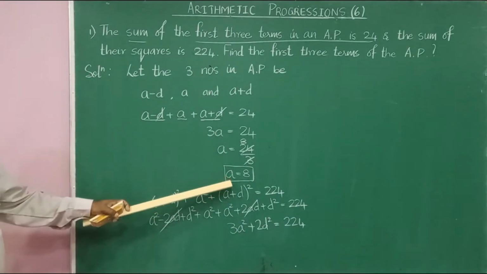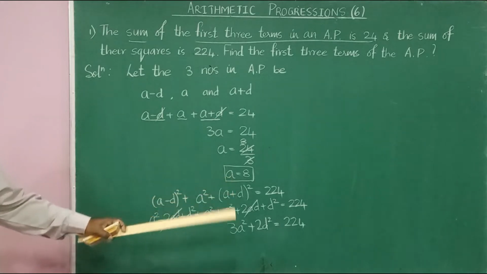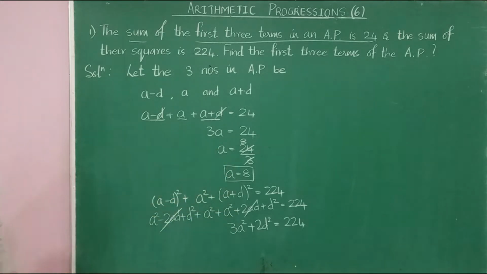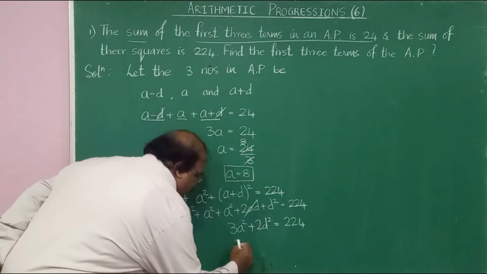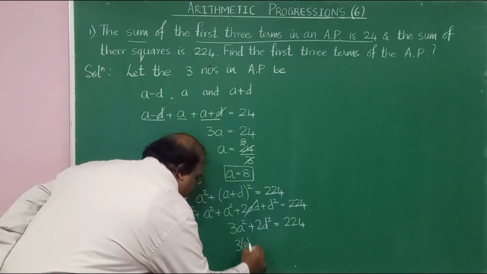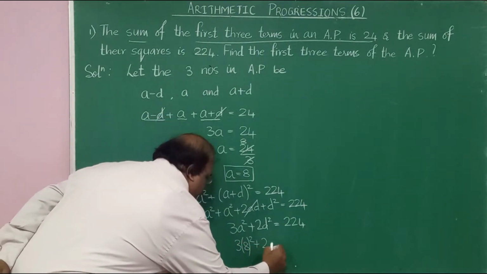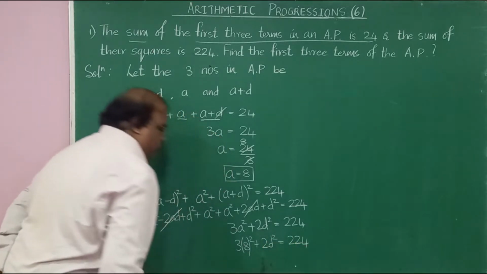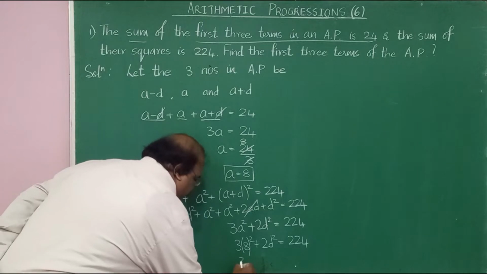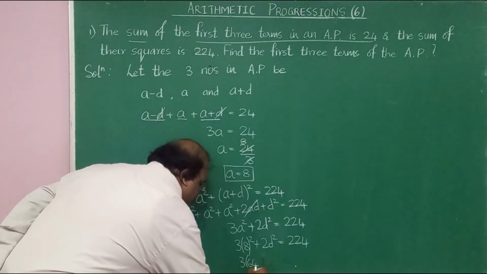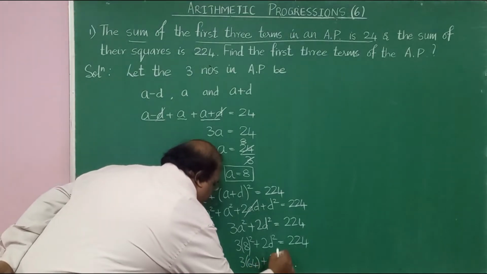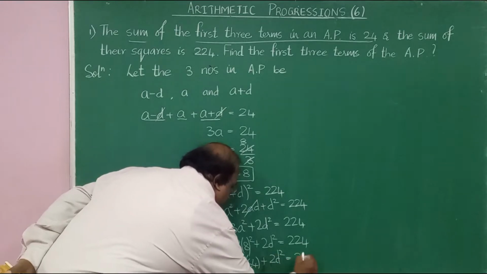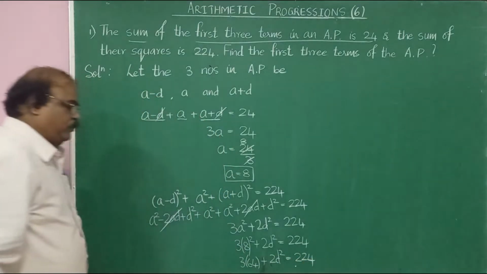Now I know the value of A. The value of A is 8. So you get 3 into 8 squared plus 2D squared is equal to 224. So 8 squared is 64.